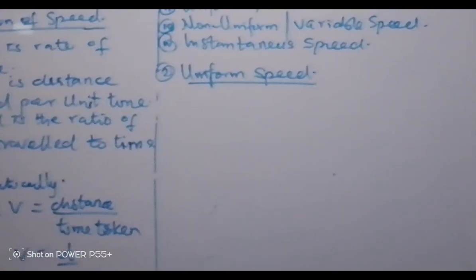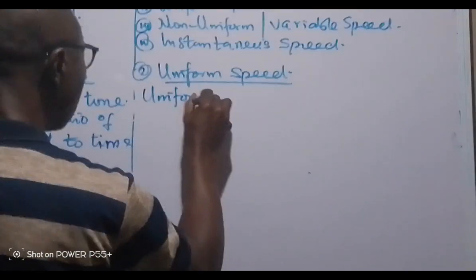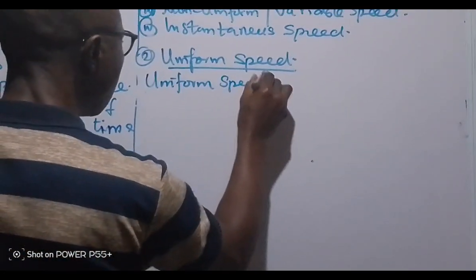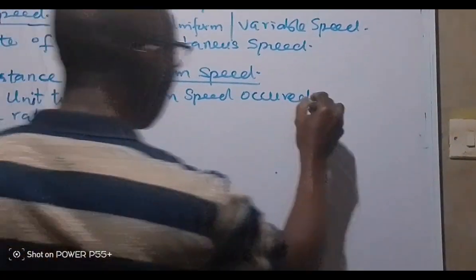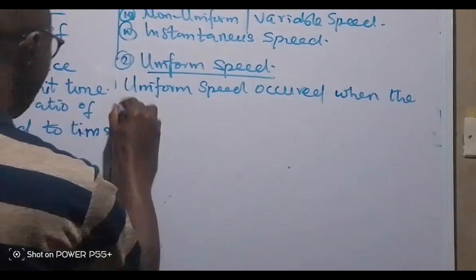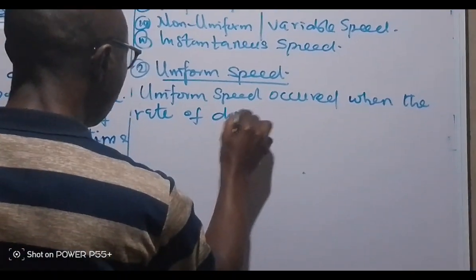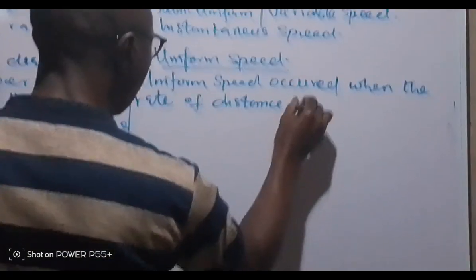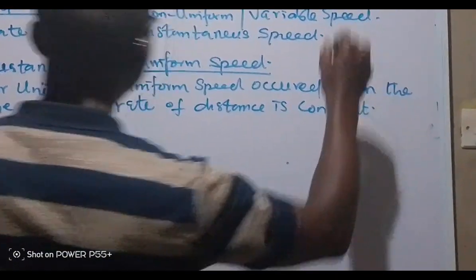Now, the second one, uniform speed. Uniform speed occurs when the rate of distance is constant.